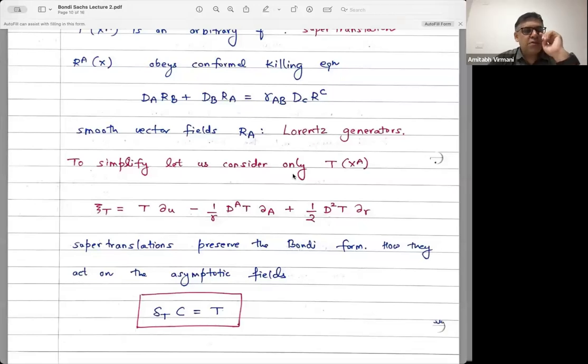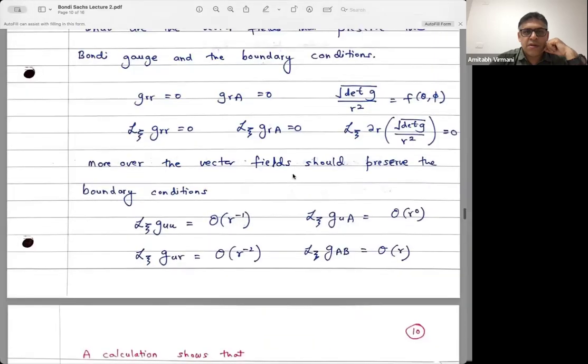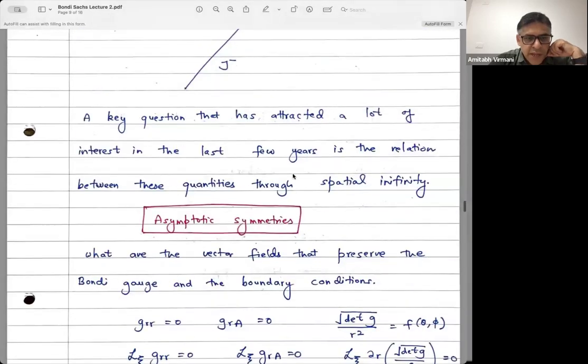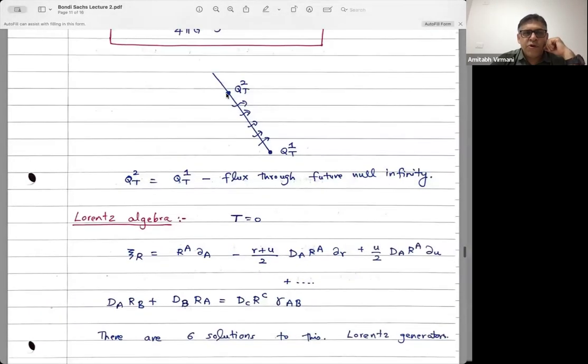Yeah, exactly. So maybe this diagram is better. Suppose you have a detector at u equal to u2. At this location, you will measure, let's say, the Bondi mass, and you may ask, can I compare this at location u equal to u1?